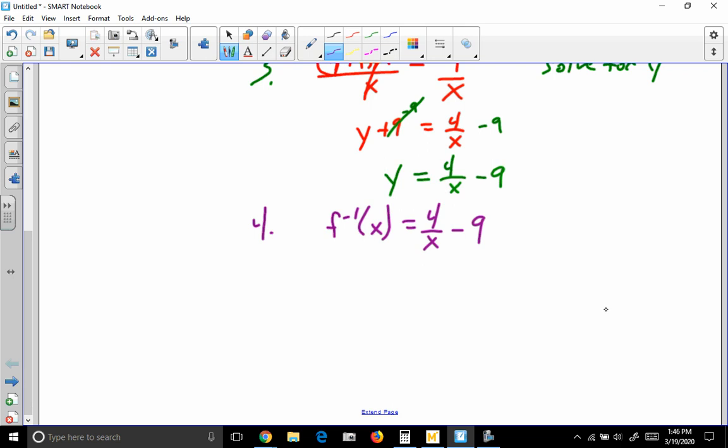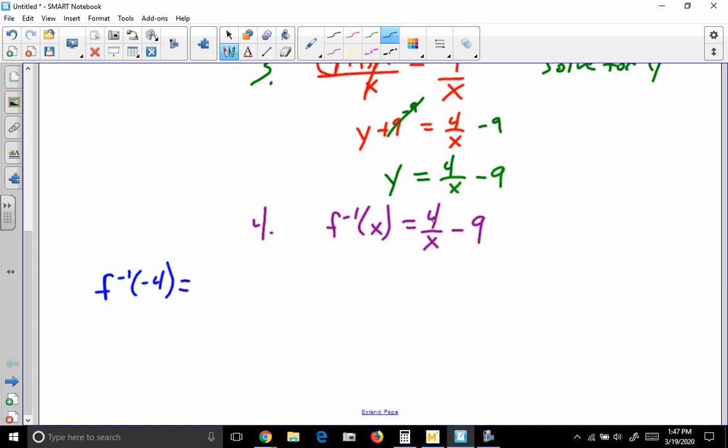Let's look at an example and see that when we plug a particular value into this function and get an answer, the inverse of that is a solution to the other function. So if we take f inverse, and let's suppose we plug in a -4.